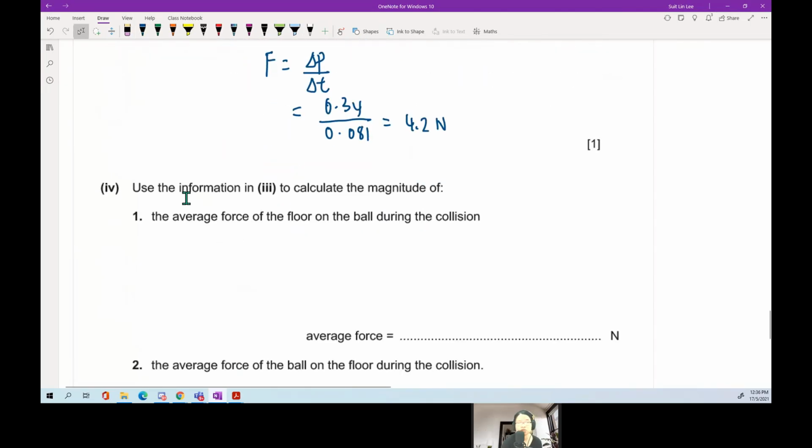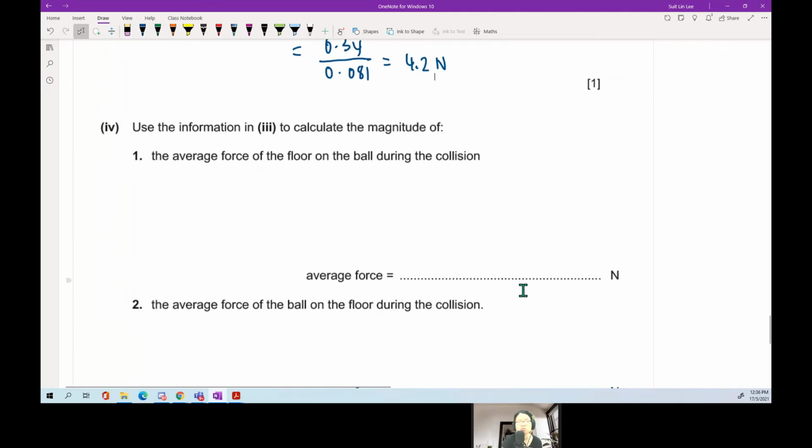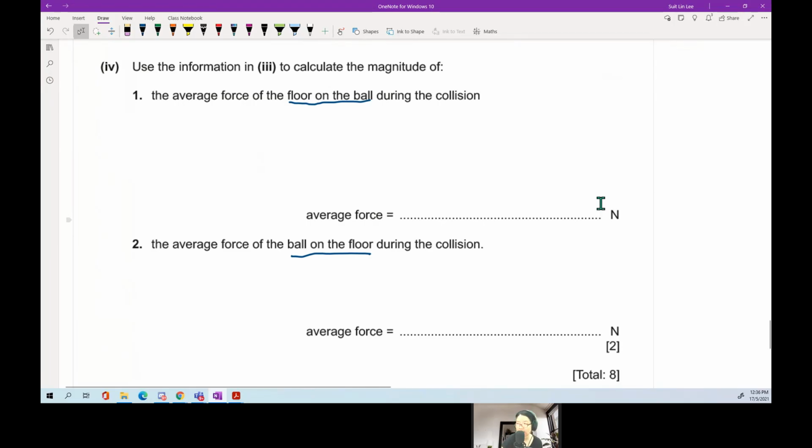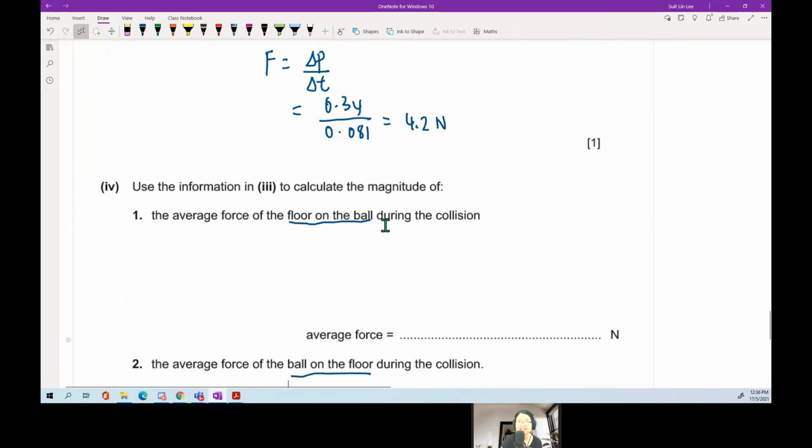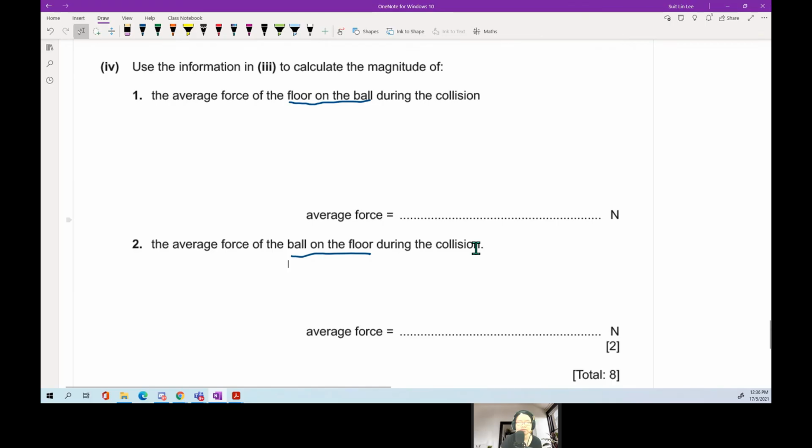Use all this information to calculate the magnitude of the average force of the floor on the ball during collision. Floor on ball, ball on floor. It smells like an action-reaction pair. Is it all 4.2?